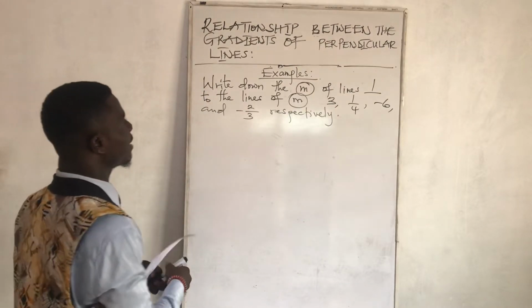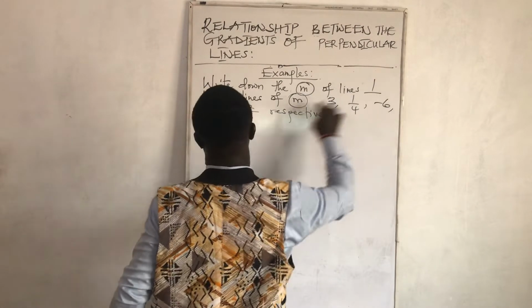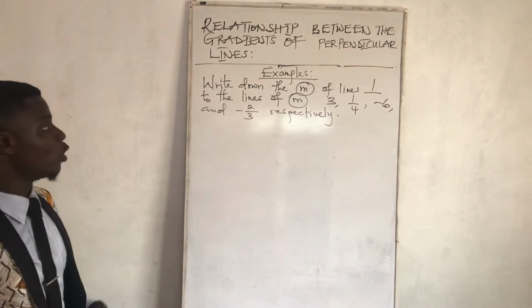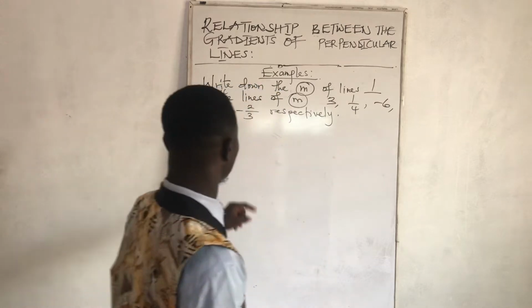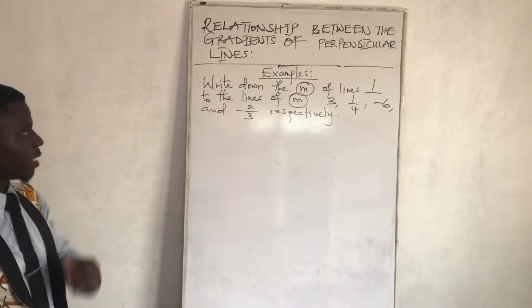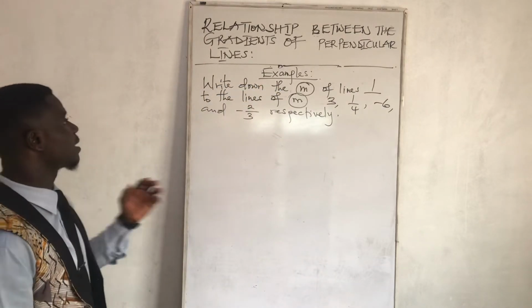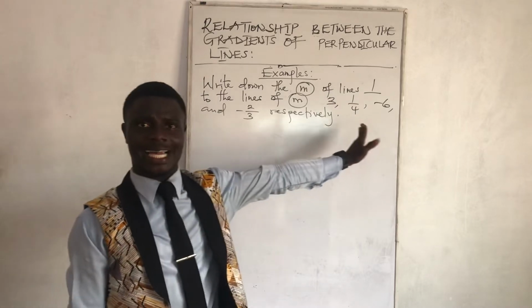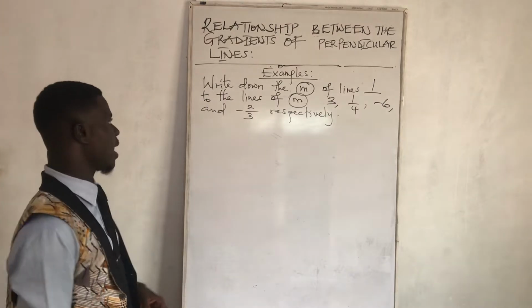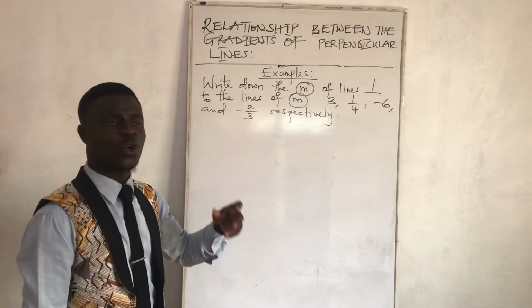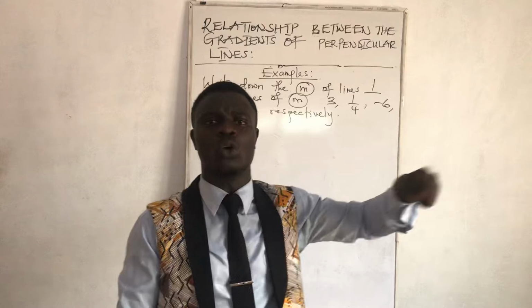So we assume that this is L1, L2, L3, L4. They all have different gradients: 3, 1/4, -6, and -2/3. Now, if these lines are perpendicular to another line, write down the gradient of the other, unknown gradient.